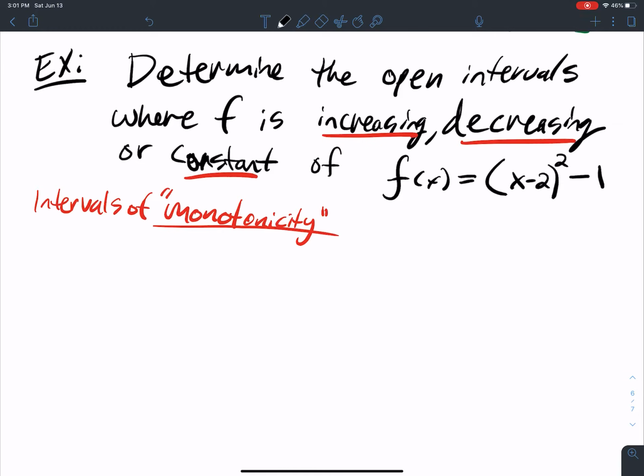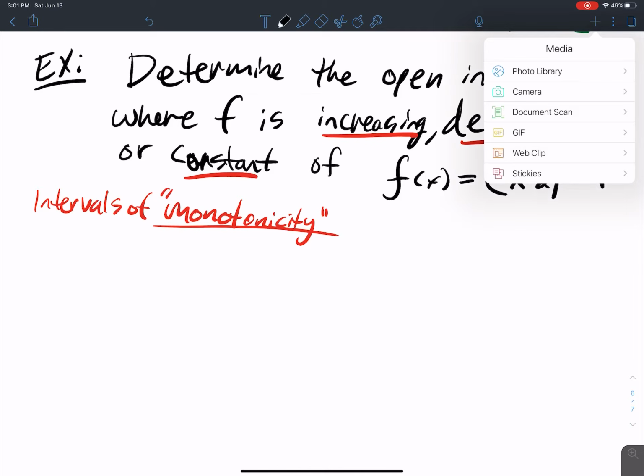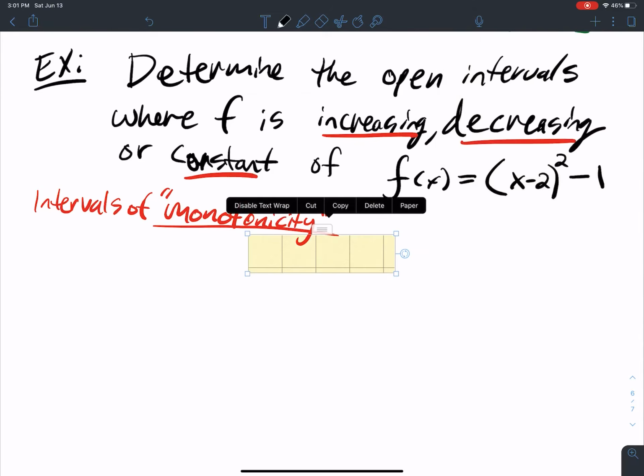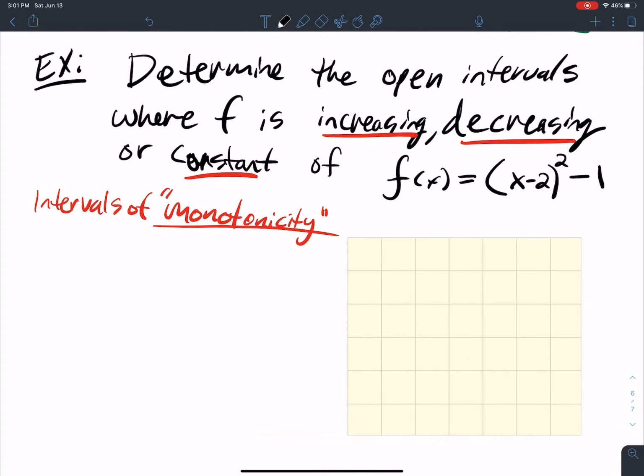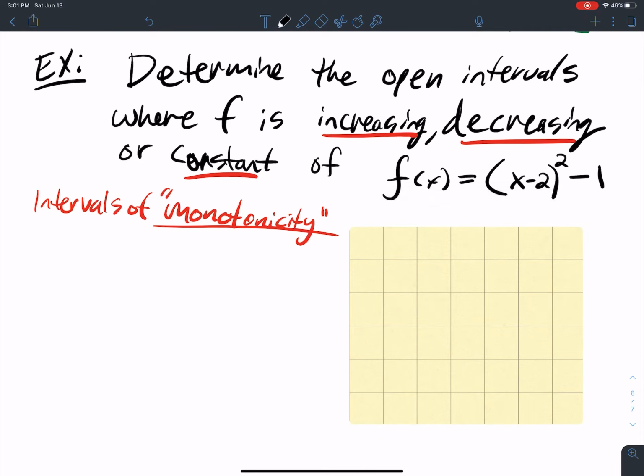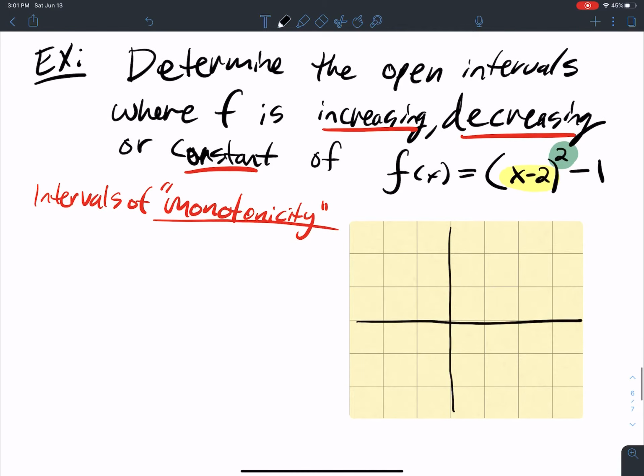So for us, it's probably easiest if we just graph it. So I'm going to graph this. What is this telling me to do? It's telling me that I'm a parabola. This squared tells me I'm a parabola. The minus 2 on the inside tells me to go to the right 2.